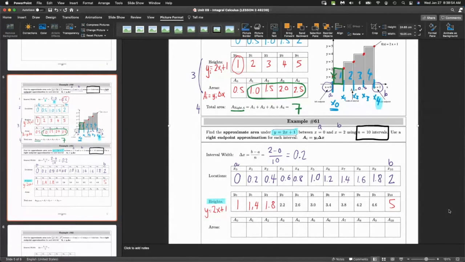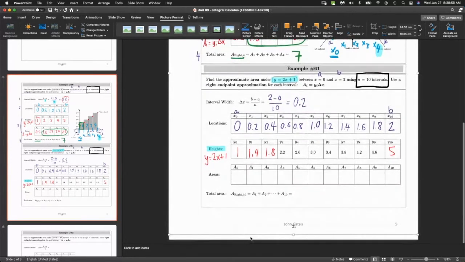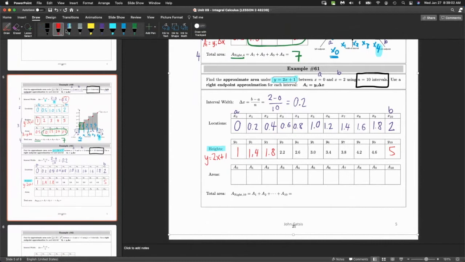Okay, anyway. Now that you have the height of each rectangle, I'll scroll down here, and we're going to find the area. We're going to find the area by taking the y values and multiplying by delta x. So I'll do the first one in green and annotate it. 1 times 0.2 is 0.2.